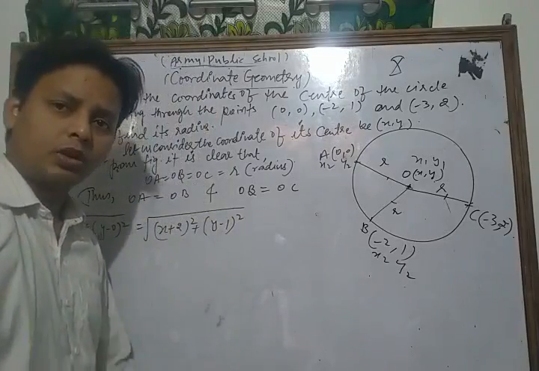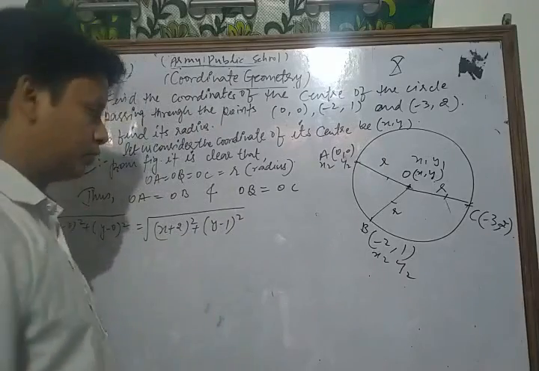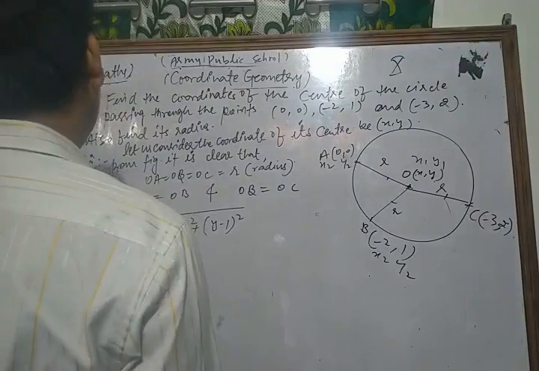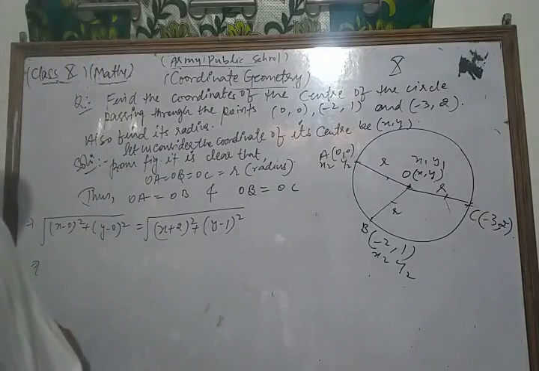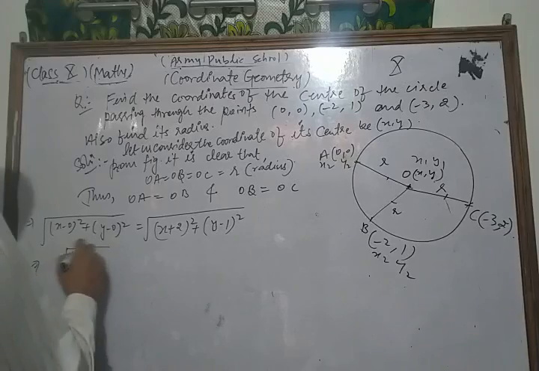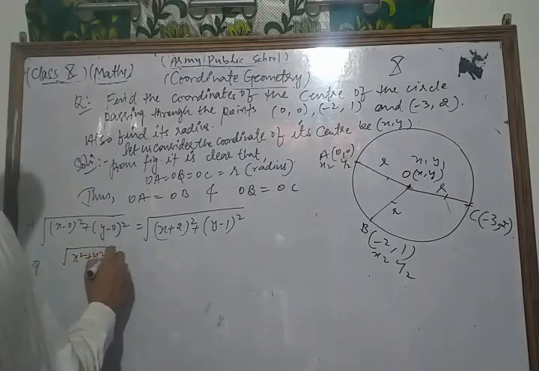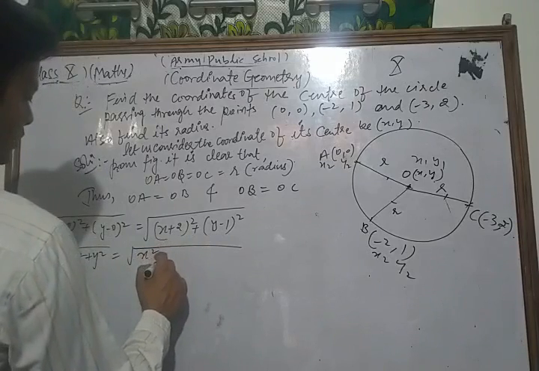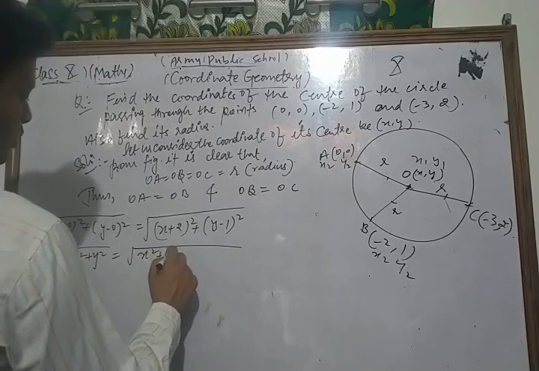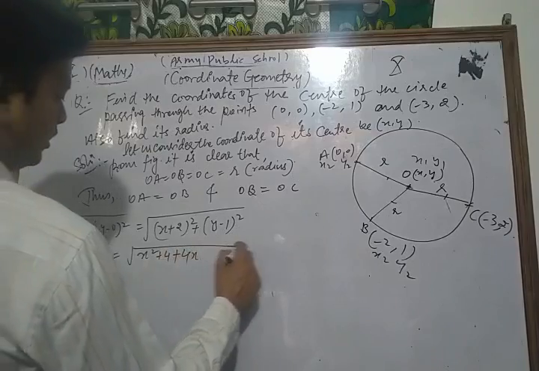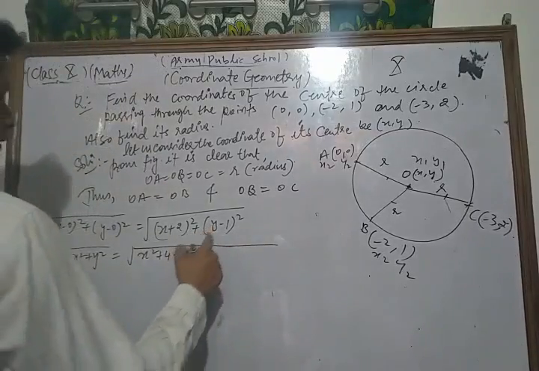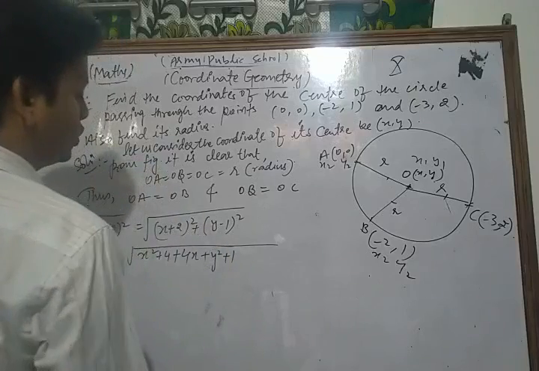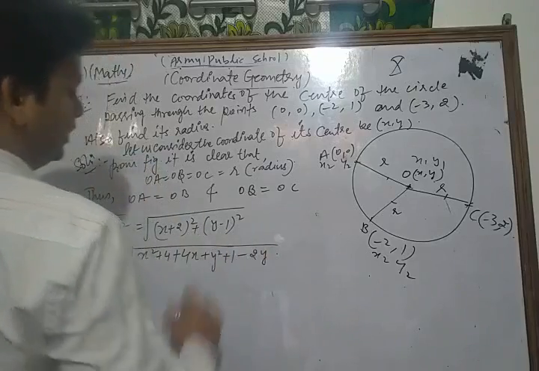Now we simplify them. So here we get x squared plus y squared on this side, and on that side we expand using a squared plus b squared plus 2ab, giving 4x, and a squared plus b squared minus 2ab, giving minus 2y.